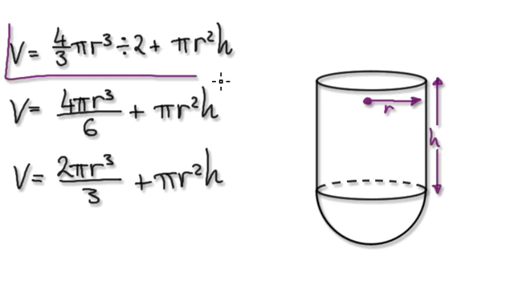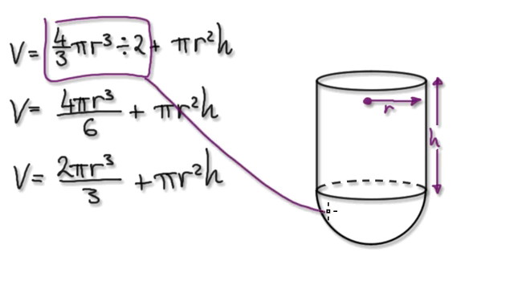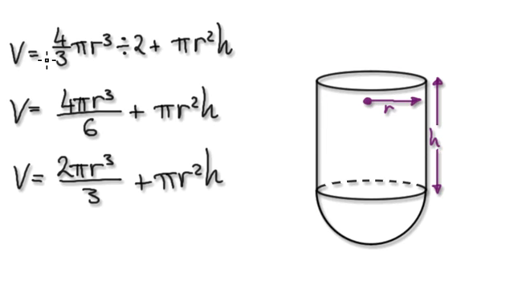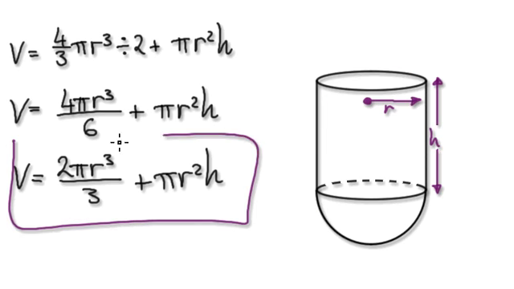Remember, we are talking about the volume at the moment, and this is for a fixed volume. This bit represents the dome, and this bit represents the cylinder. It will be pi r squared for the area of the circle, and then you times it by h. That would give you the whole volume.